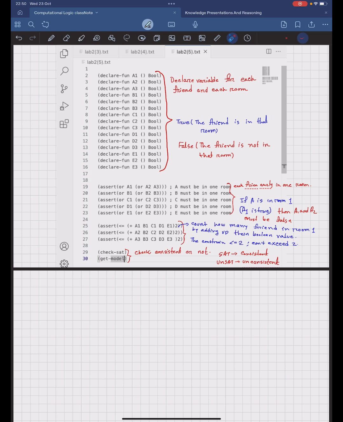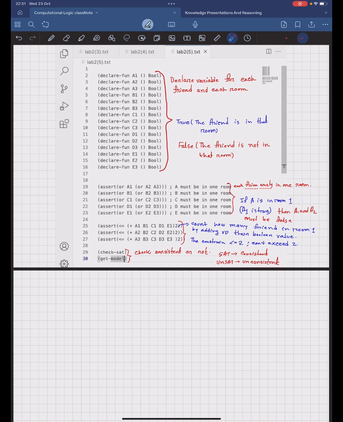So asserting these rooms, A must be in one room. So it is an OR operation: A1, A2 or A3. Your A friend would be in room number 1 or room number 2 or 3. Within these 3 rooms he can be staying in one. So A must be in room 1, let's say, or room 3 or room 2.